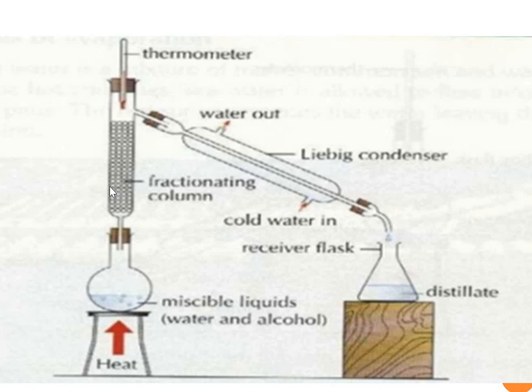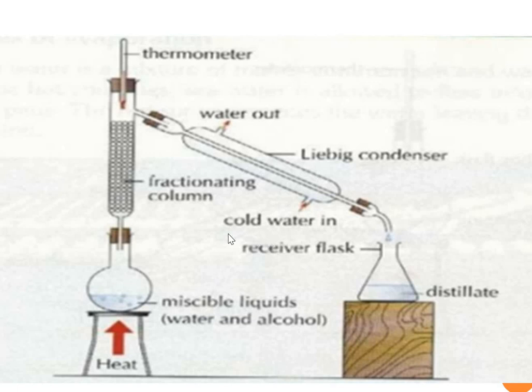The temperature of the fractionating column increases progressively until it reaches the boiling point of water, which happens to be 100 degrees Celsius. When that happens, the vapor of water can pass through and can be condensed and collected. So that's how the fractionating column works.